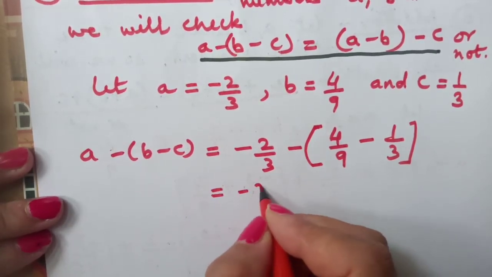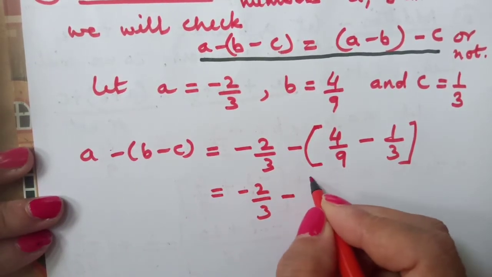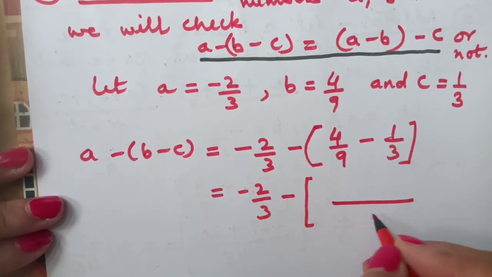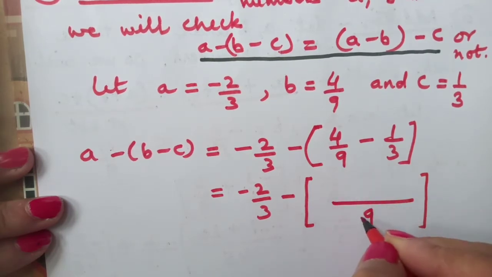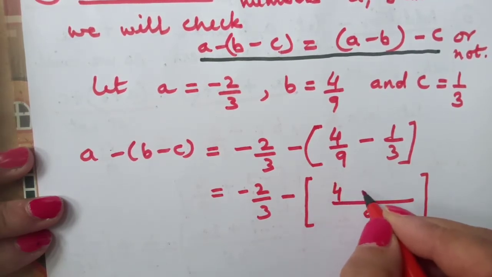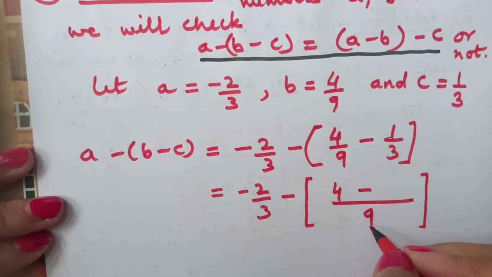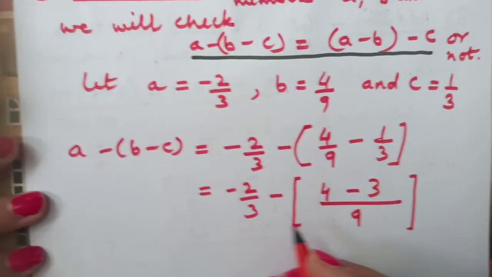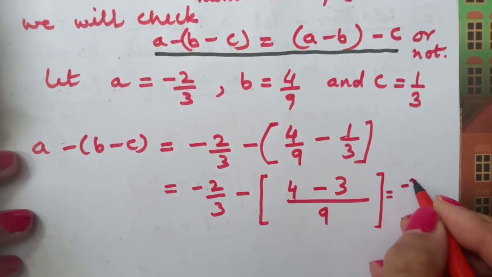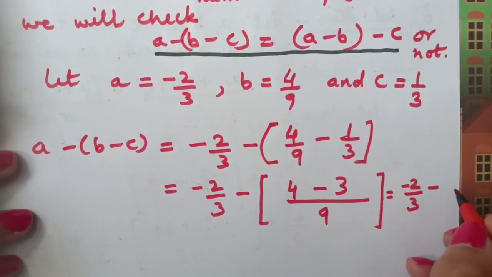स्टार्ट सॉल्विंग दिस. सबसे पहले ब्रैकेट के अंदर सॉल्व करेंगे. एलसीएम ऑफ 9 and 3 विल बी 9. 9 1s are 9, तो 4 1s are 4 minus 3 3s are 9, 3 1s are 3. So the answer will be -2/3 minus 1/9.